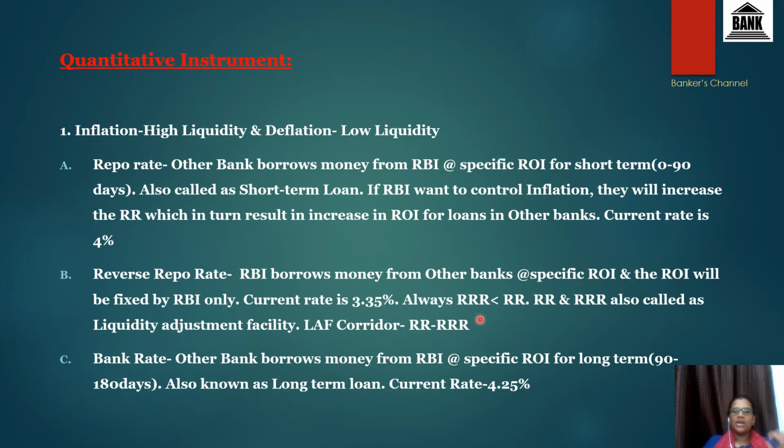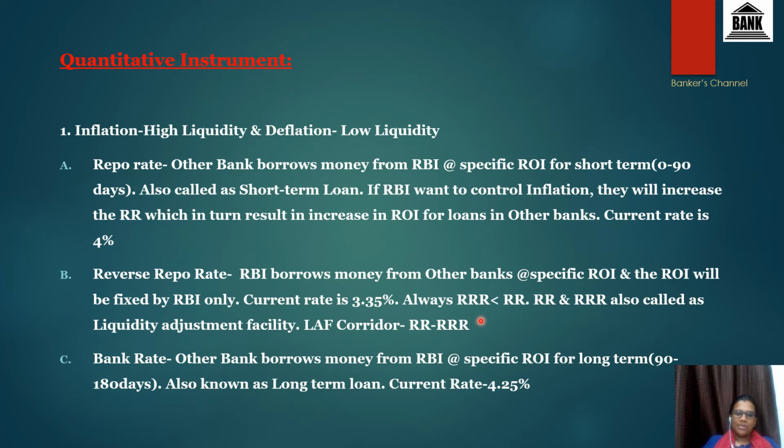Reverse repo rate will always be less than repo rate, because RBI is getting money from other banks. While giving money to other people, the Reserve Bank of India charges a high rate of interest, while getting money from other people, it pays a low rate of interest.